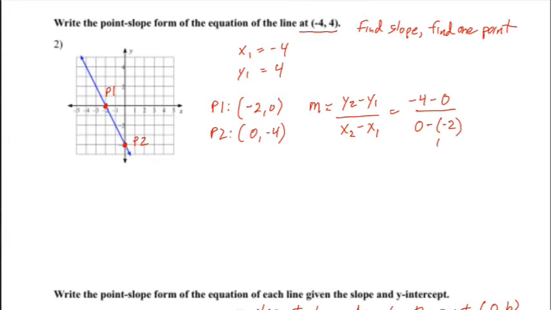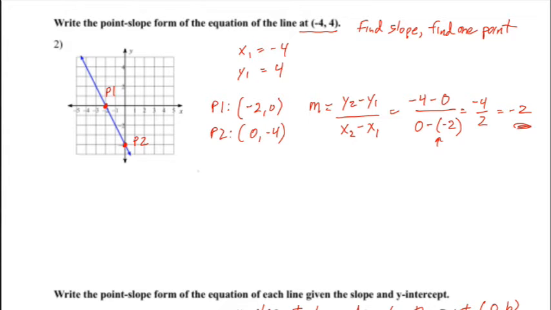This is important. If you wrap your x1 in parentheses, you'll be less likely to make a mistake with the negative signs. So this reduces to minus 4 over 2, which is equal to minus 2. So now we have our m value, and we have our x1 and our y1.